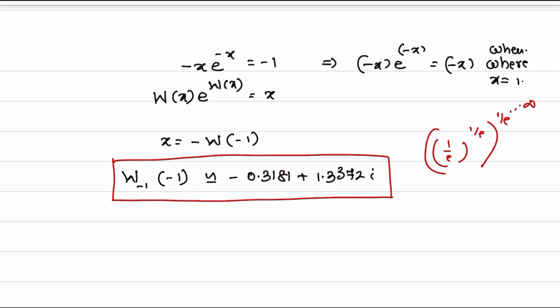That is 1 by e to the power of 1 by e to the power of 1 by e up to infinity. This is what was explained in that video. If you see the exponential video, I have solved the value of 1 by e to the power of 1 by e to the power of 1 by e up to infinity in Lambert equation as W1.